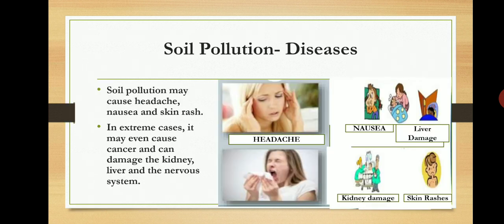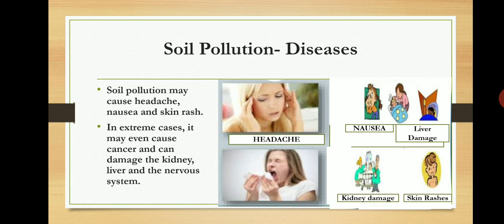Now, soil pollution can also cause diseases. Yes, it can cause diseases. You will say we don't eat soil, but it can still cause pollution, and that pollution can also cause diseases. What kind of diseases? It may cause headache, nausea, and skin rashes.